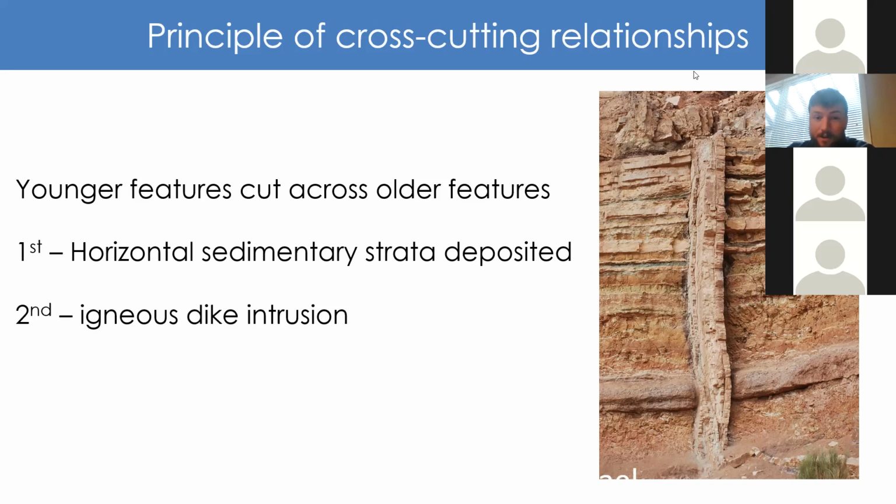So something that we can infer about that is obviously those horizontal layers had to be there first for that layer to cross-cut through. So the cross-cutting layer has to be younger than the horizontal layers.